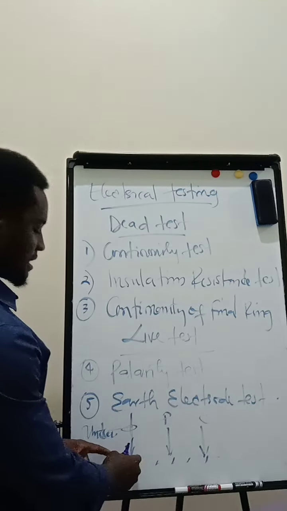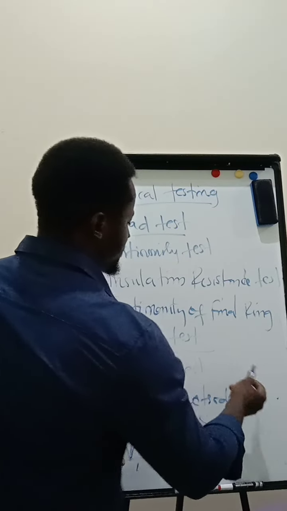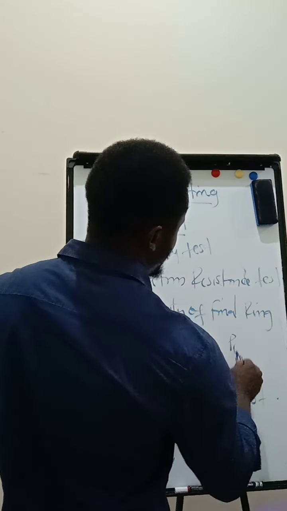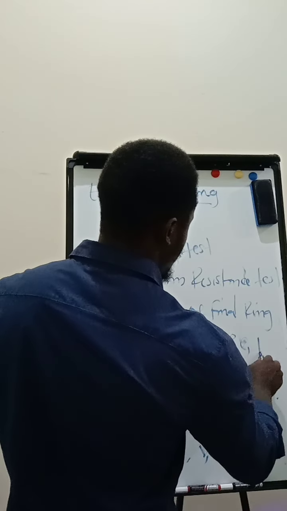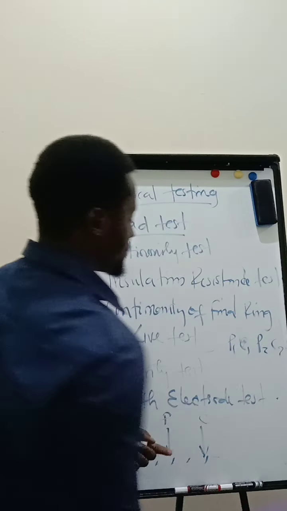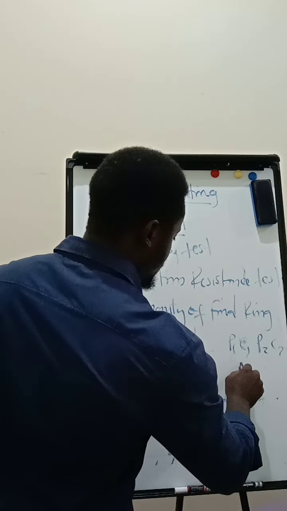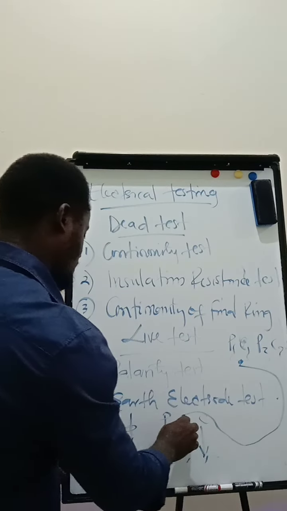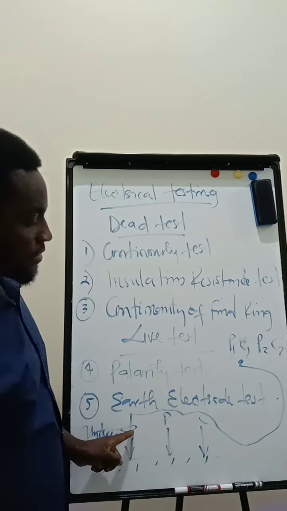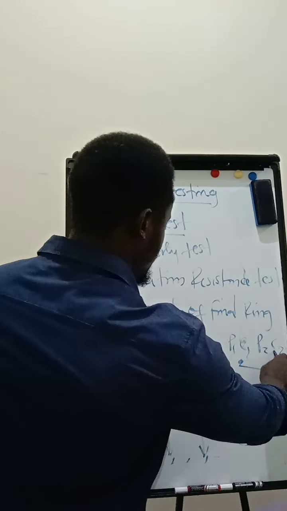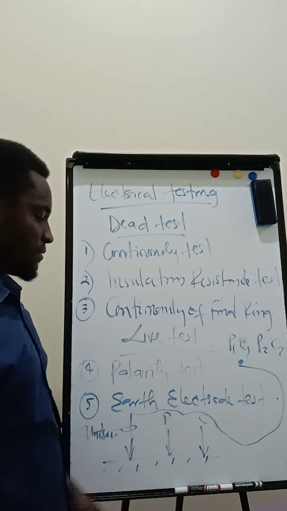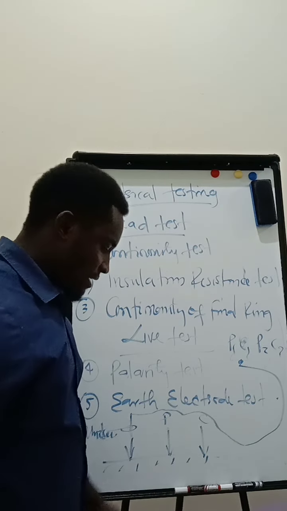Notice that in our tester we mostly have P1, C1, and then we have P2, C2. In this case, P1 and C1 will be linked together and connected to the electrode under test, where P2 will be connected to the potential electrode, and C2 will be connected to the current electrode.